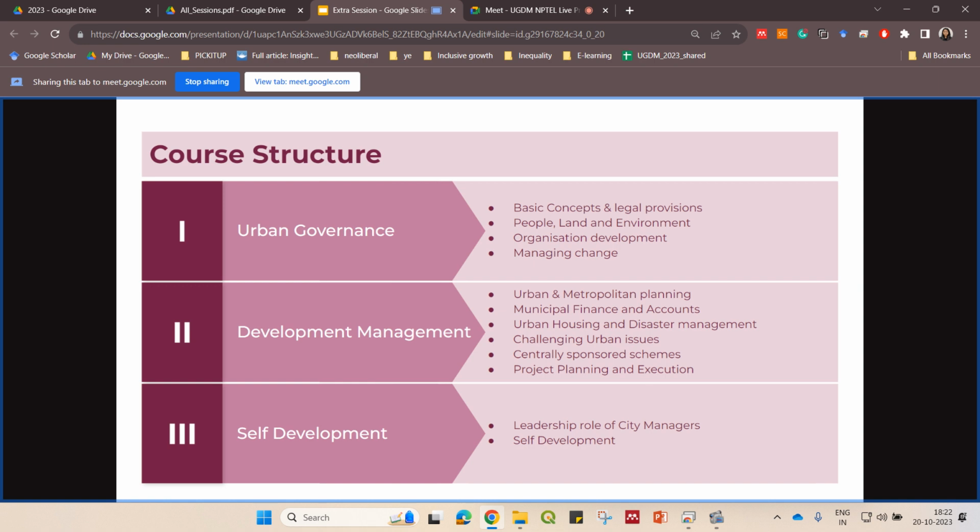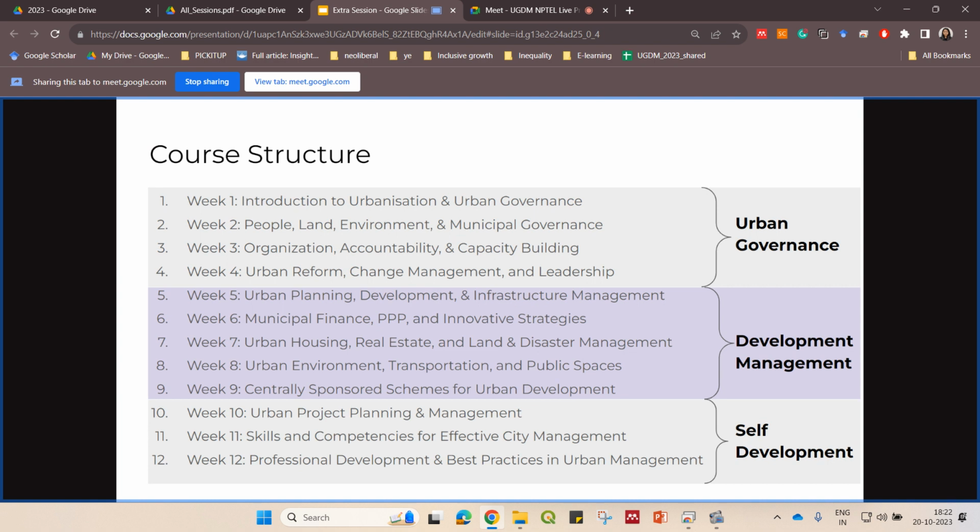So, this is the course structure. These are the key points or key subheads under the course structure that have been covered in this course. These are all the lectures that have been covered in this course, and I have roughly marked out which lectures pertain to which section of the three parts of the course structure.